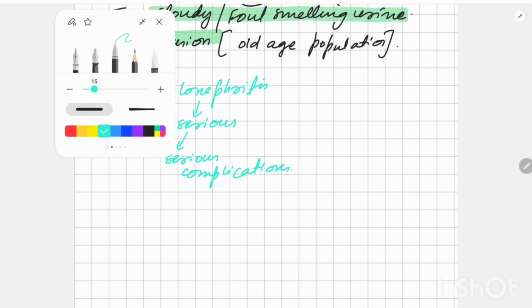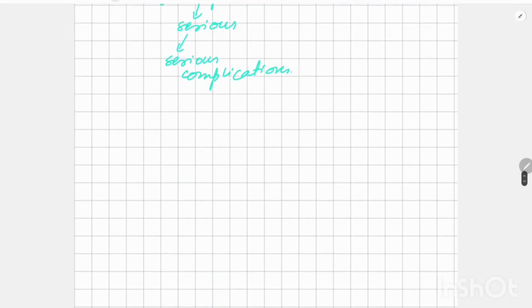Sir, what are the complications associated with it? The complications associated with pyelonephritis are, first, sepsis, and second, kidney scarring. Remember this. Okay.